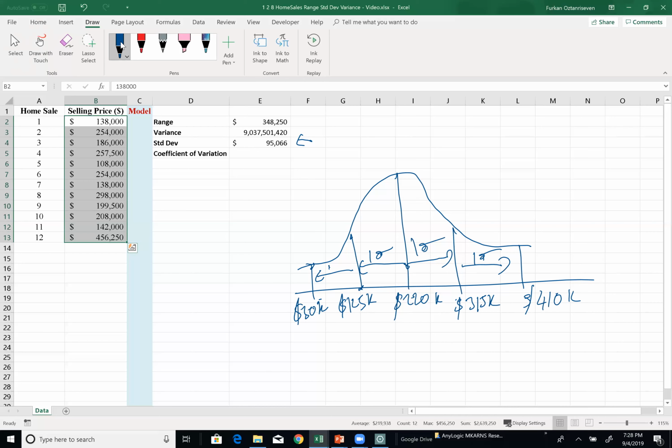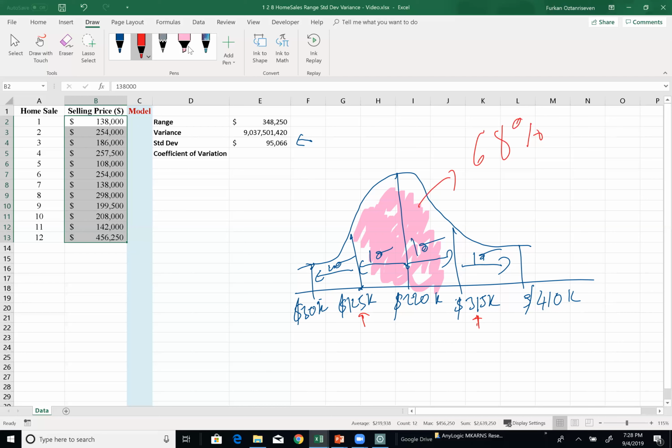So what is this about? I know the normal distribution is telling me that this area right here within one standard deviation each direction from the mean is around 68% of the probability. So I know it's 68% chance that my sales will be between those two values, now 125 and 315.